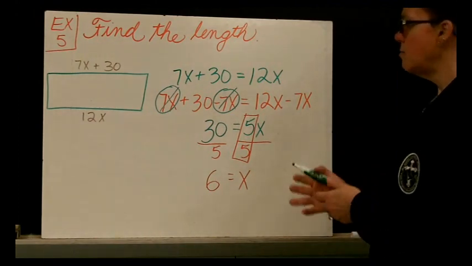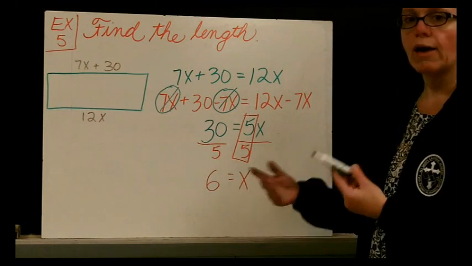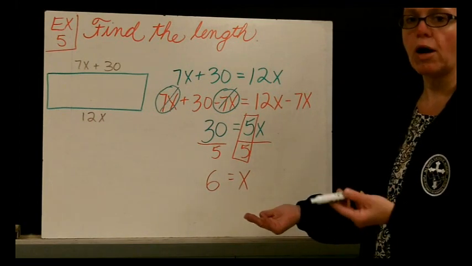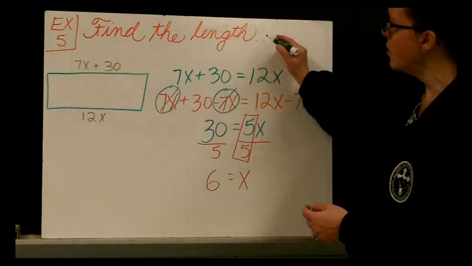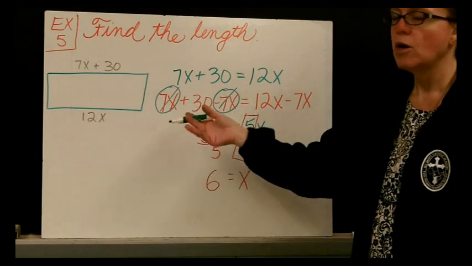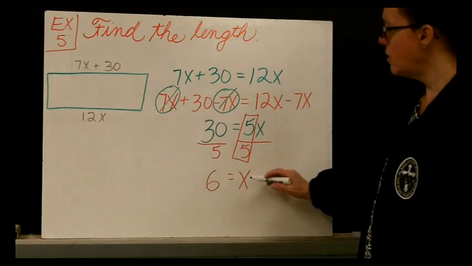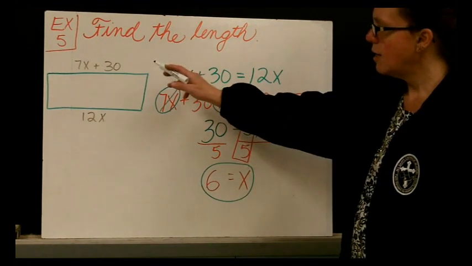Now, most times, when we find the value of the variable, we have finished. We have solved our problem. But not in a case like this, because if you look, we want to know what the length of that rectangle is. We haven't found that yet. Well, we did find the missing piece that we need to help us.